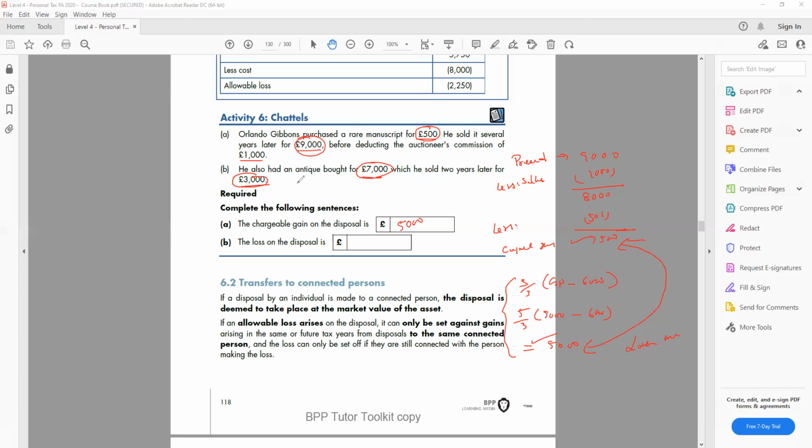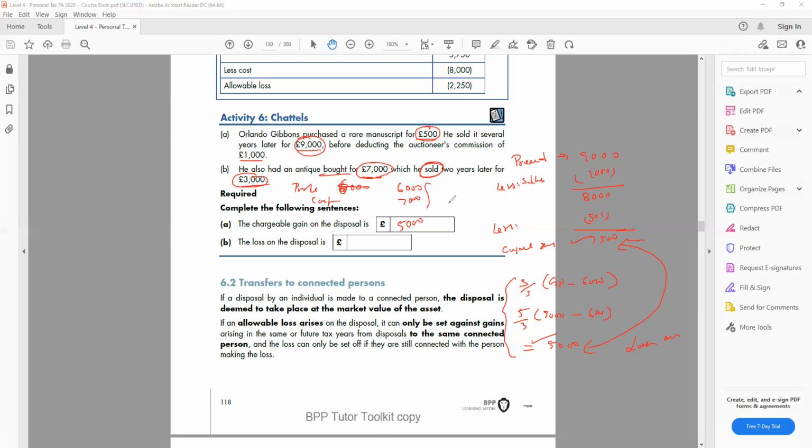So the proceeds are 6,000, even though you sold it for 3,000, and the cost of this item is 7,000.